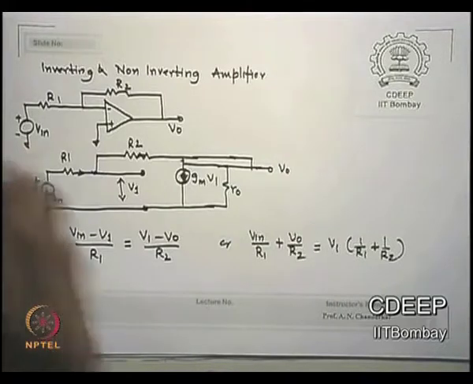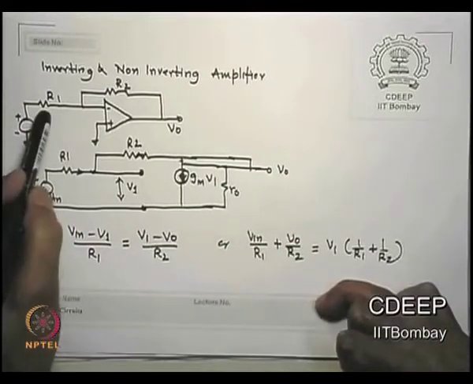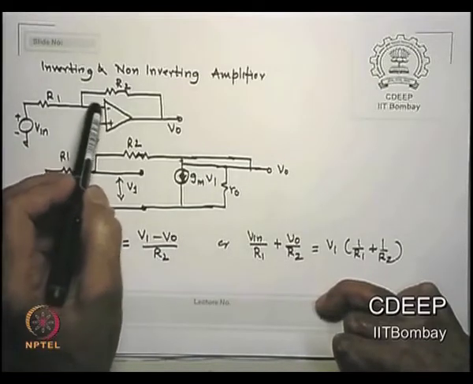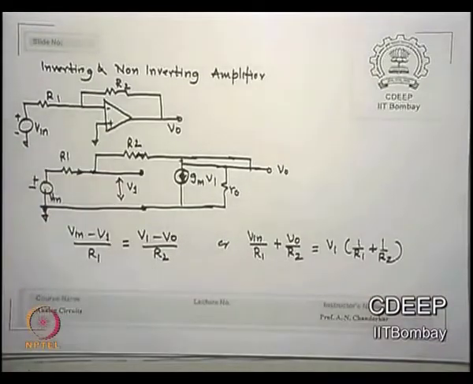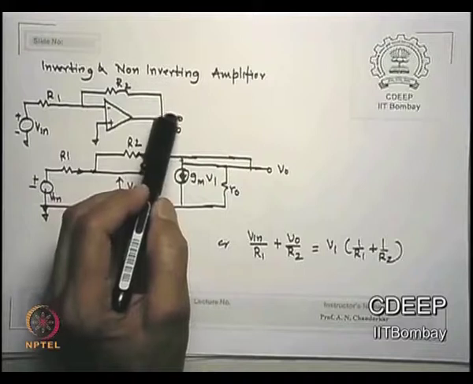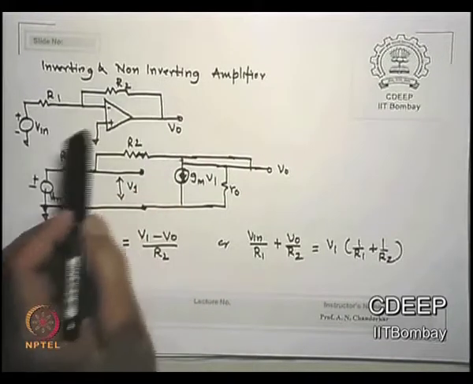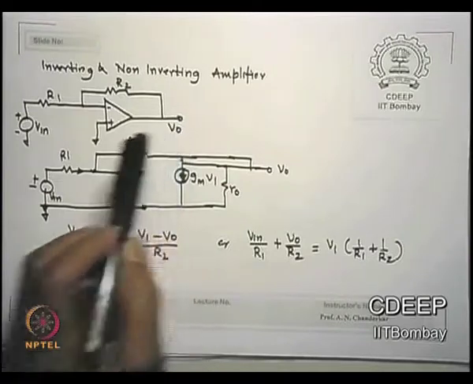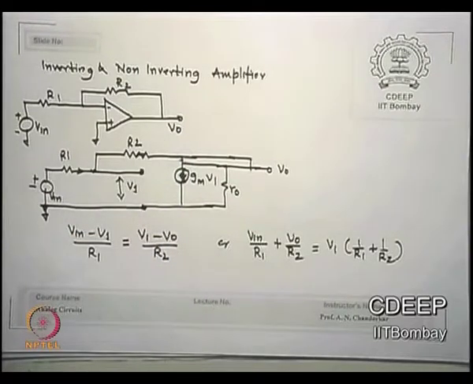There is an input source which has R1 as the series resistance. For the OPAMP I define two terminals, one called the inverting terminal, the other the non-inverting terminal. It has nothing to do with minus and plus per se. The idea is if I put input here, the output gets inverted with respect to the input. If I put input here, the output does not get inverted, and therefore these names, minus and plus, are given. Okay. They are essentially Vin1 and Vin2 of a diff amp.